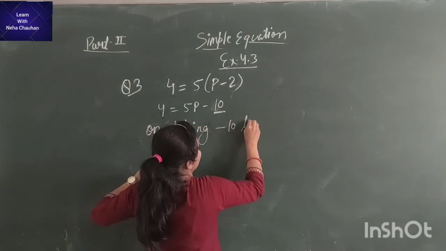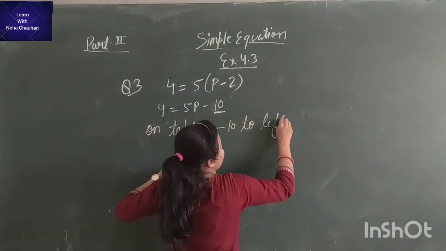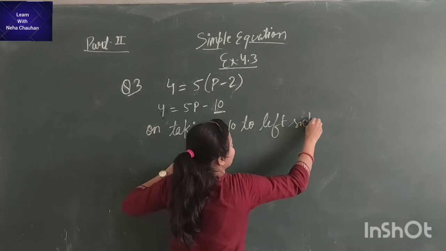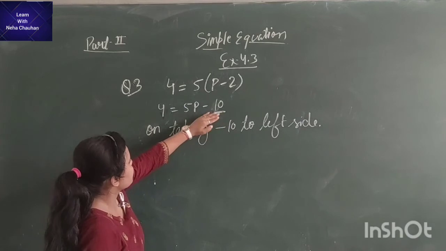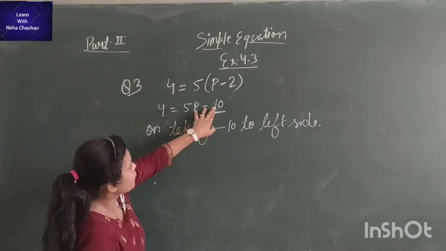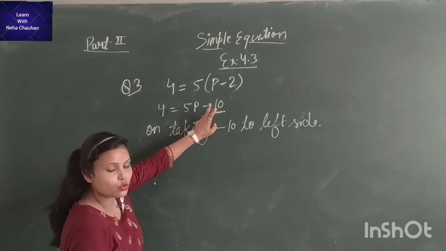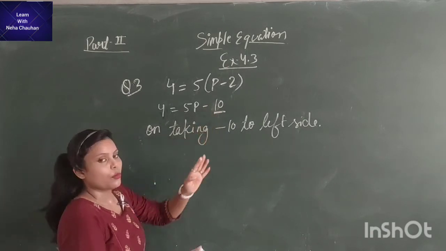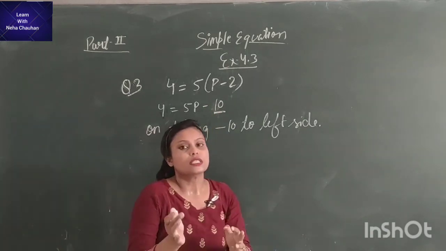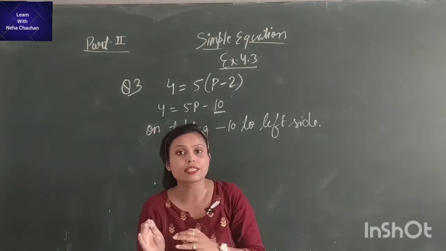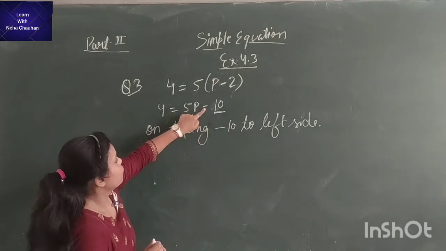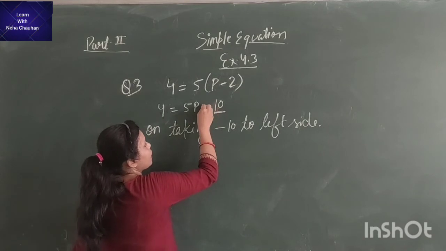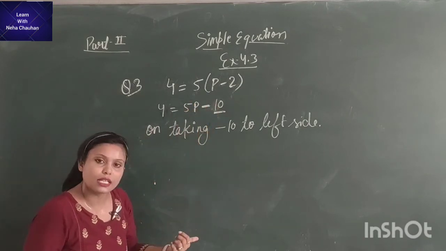When we shift this minus 10 to the left side, the sign of the 10 will change into plus. Whenever any integer changes its side, the symbol which represents the integer also changes.